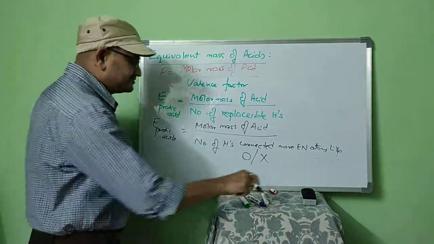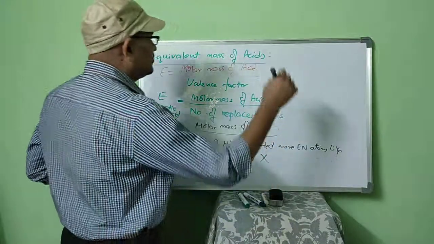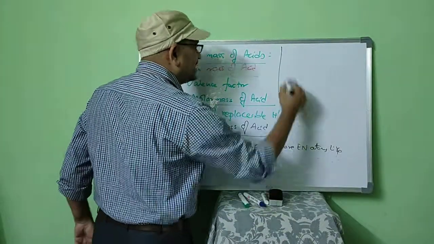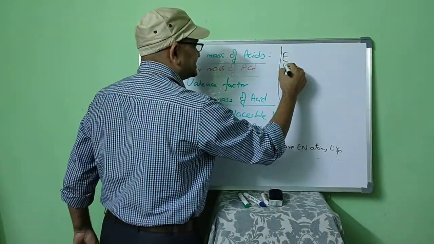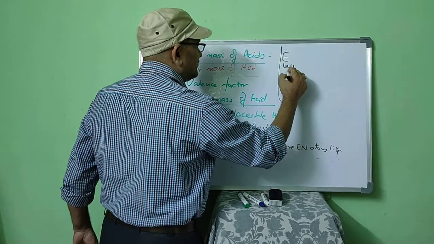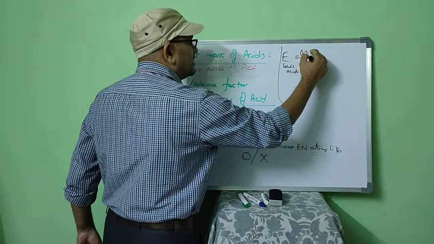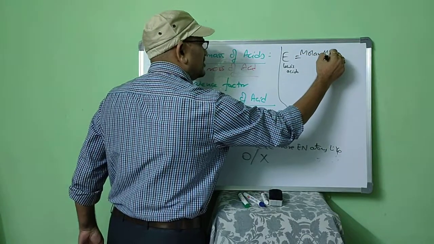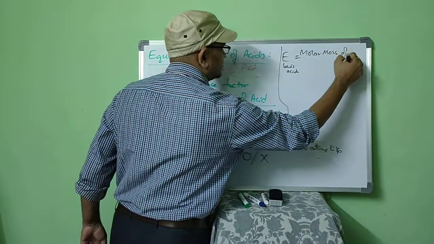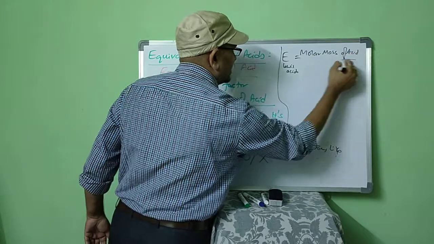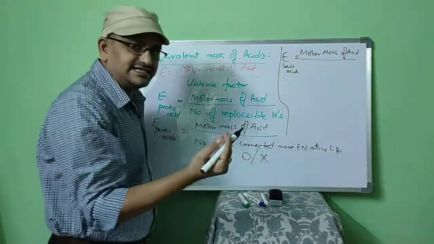Similarly, we have one more type of acids: Lewis acids. Equivalent mass of Lewis acid can be calculated as molar mass of Lewis acid by, what is meant by Lewis acid?